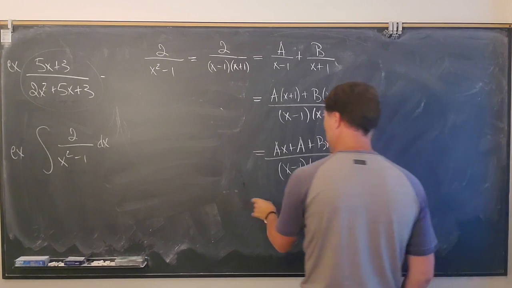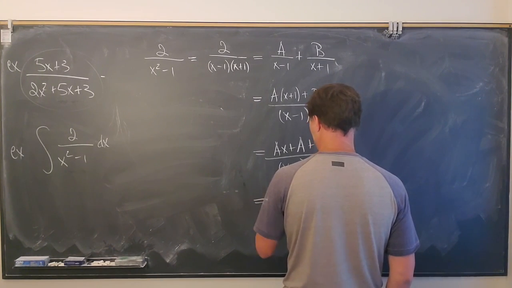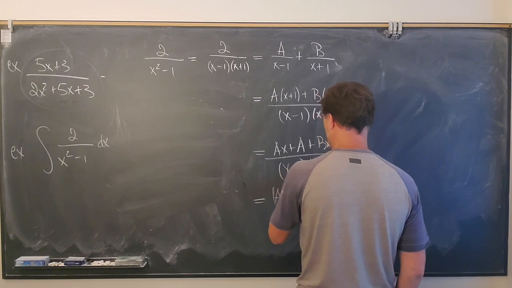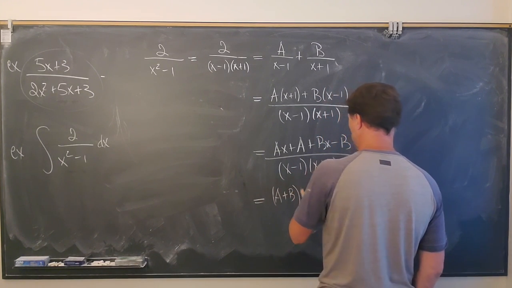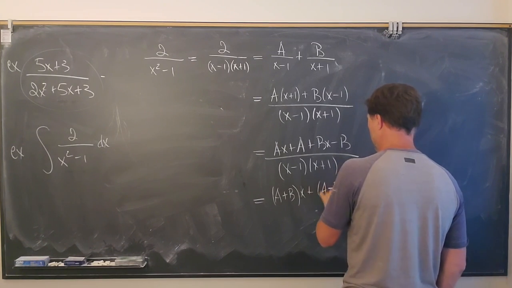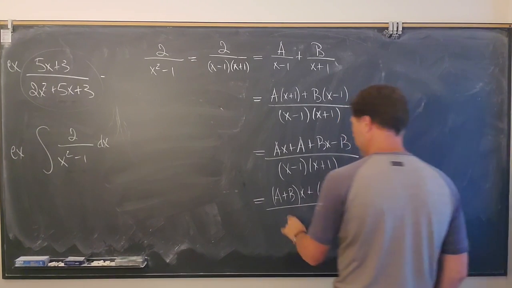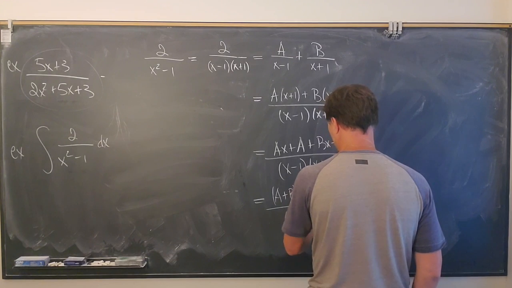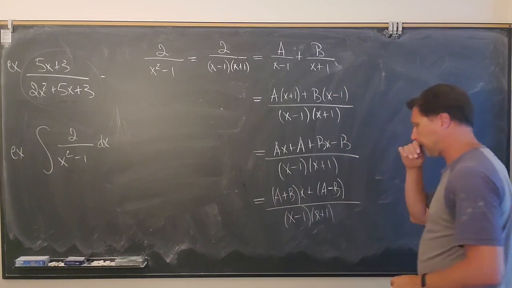Group the terms now, and so we get (a plus b) times x plus (a minus b), all over (x minus 1)(x plus 1).